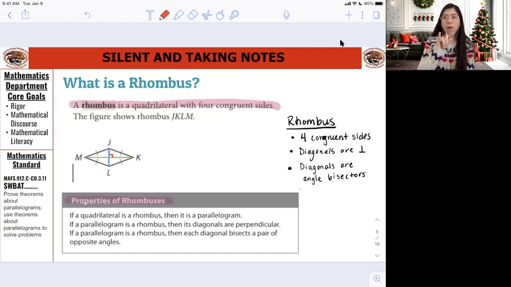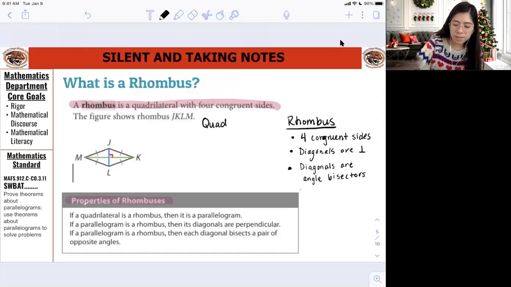But what are both of them? Rhombuses and rectangles are both types of what? Quadrilaterals, as well as one more thing, parallelograms. So far what we've got, and at the end I'm going to have a bigger diagram, but we have quadrilaterals. I'll call them quads.